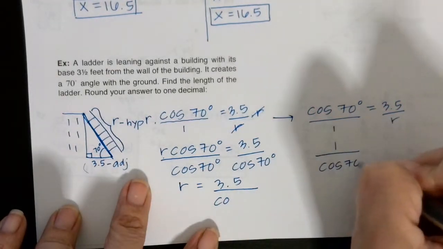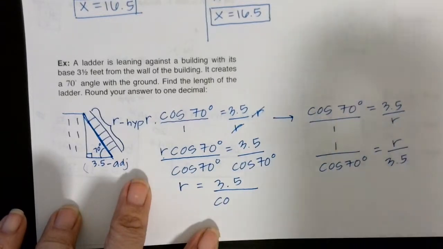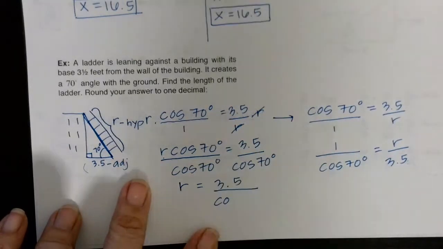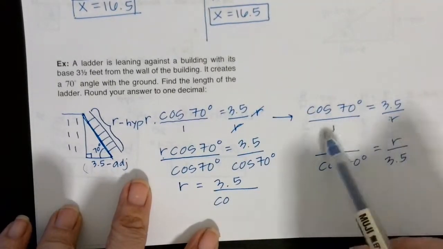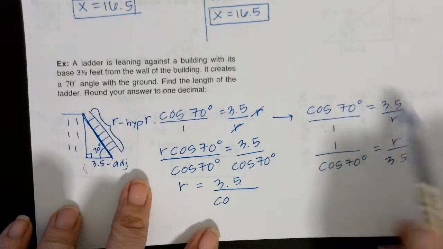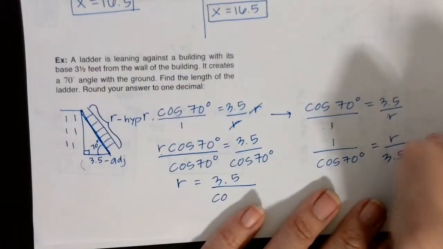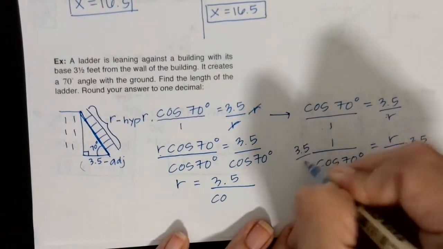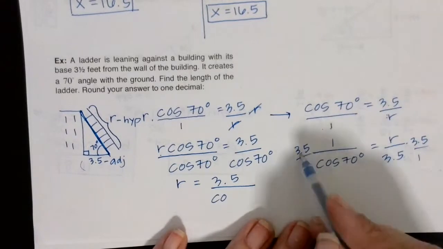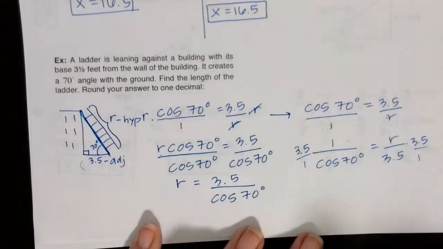It's kind of like what we were doing in the exponent chapter when we said because the bases are equal, the exponents must also be equal. The numerator and denominators must be equal to make this statement true, so we could flip this, and then what we can do from here is multiply both sides by 3.5, and when you multiply fractions, that would end up in the numerator, just like it did over here.